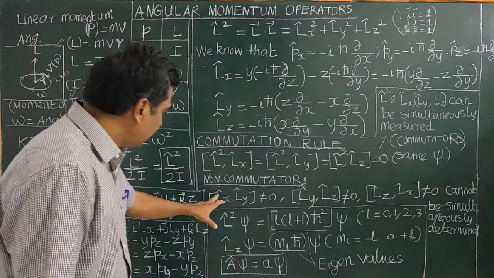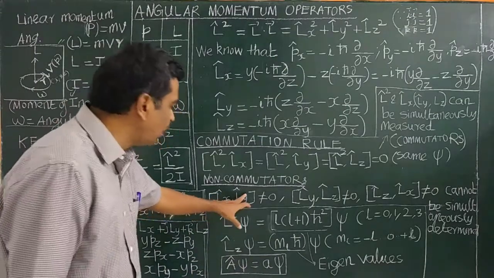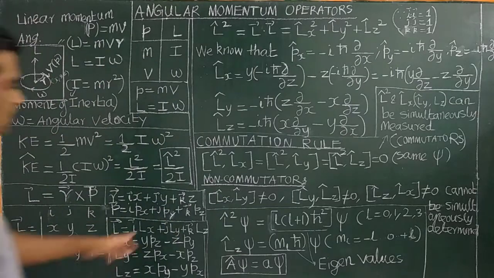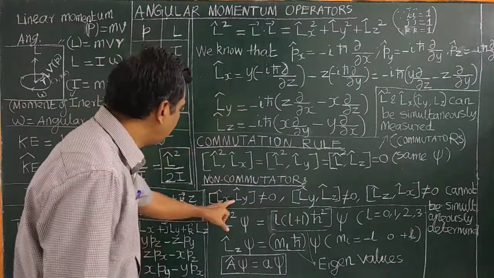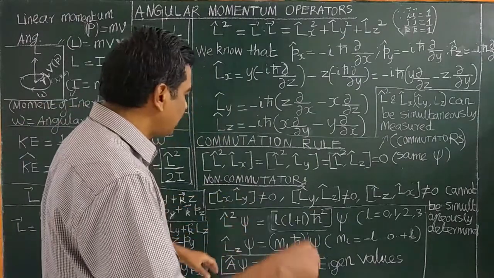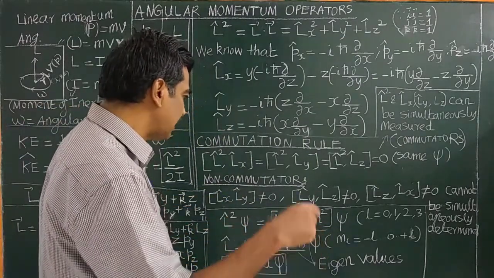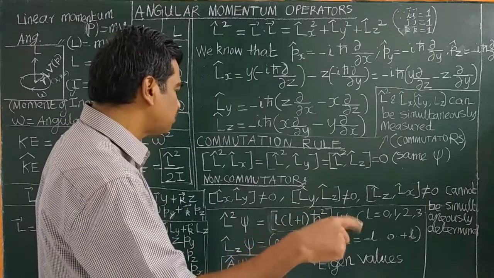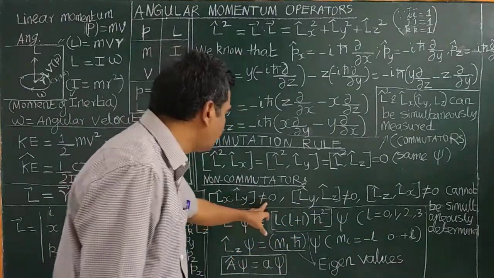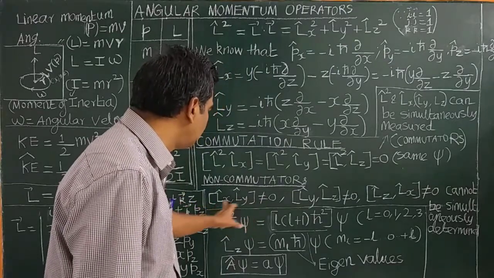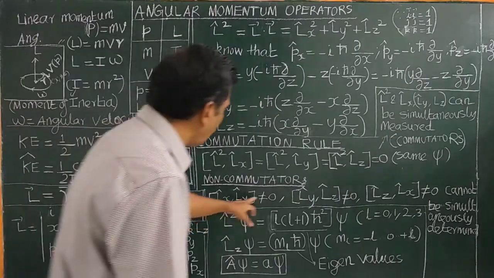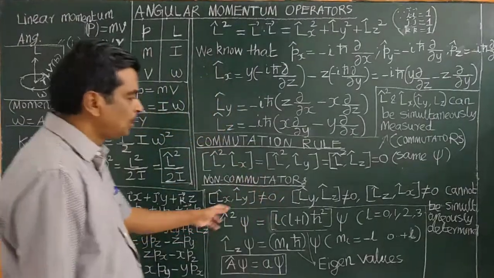For example, Lx and Ly. In the previous class we have seen that the commutator of A and B is A B minus B A. We can evaluate and show that it is not equal to 0. The two operators are non-commutative, that means not equal to 0.